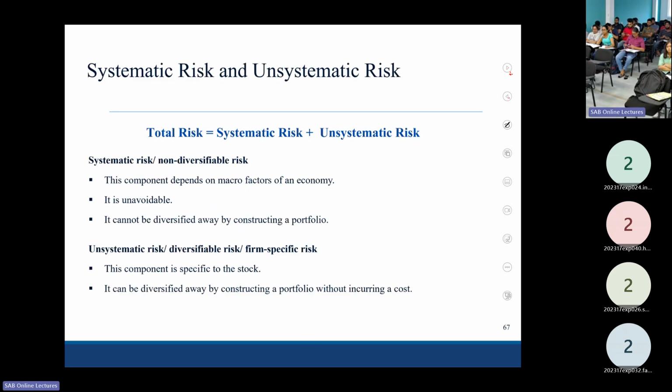You can remember that I started this lecture topic with a formula. You remember: required rate of return is equal to the risk-free rate of return plus a risk premium.